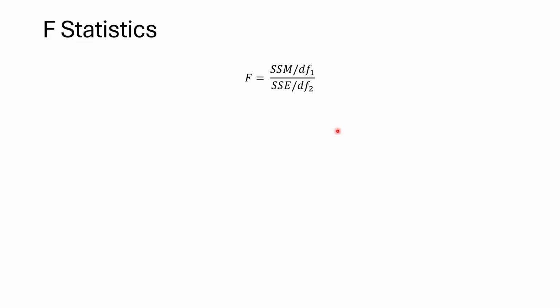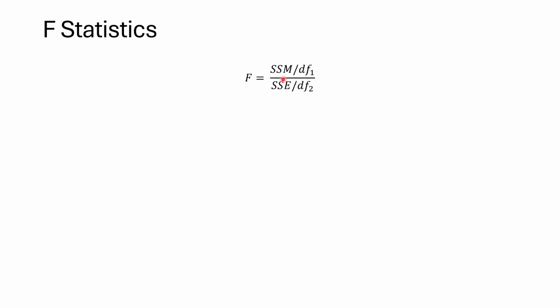So the calculation for F statistics is pretty simple. You divide the model sum of squares, that is the between group variability, by the error sum of squares, which is the within group variability. But you divide each of these values by the degrees of freedom to factor in the total number of values you have in each of these groups.